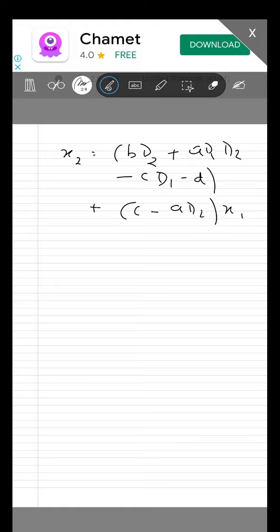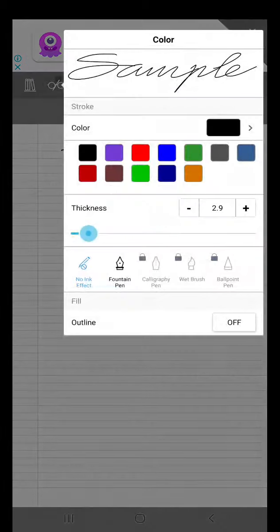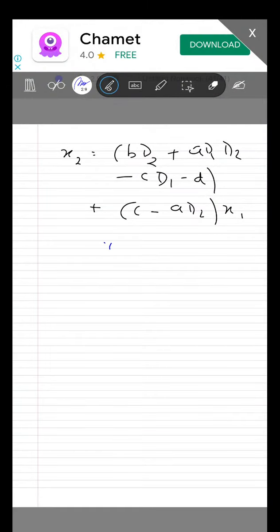So putting x1 and x2 equal to 0, as we have seen for paraxial rays, only this part remains.